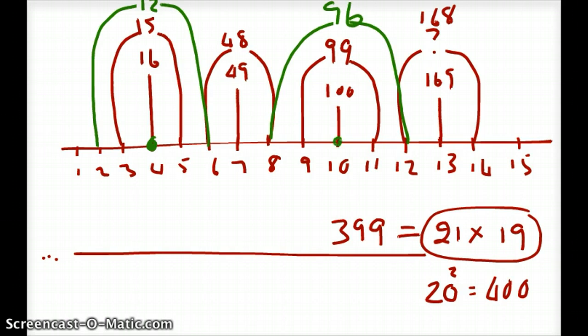This is my middle number. So would that help me get 22 times 18? So what is the difference now?